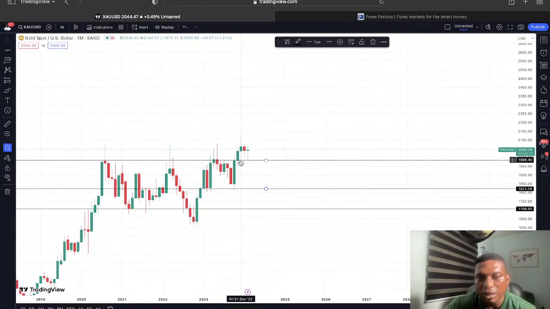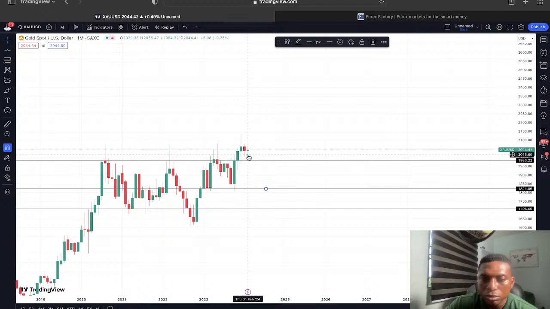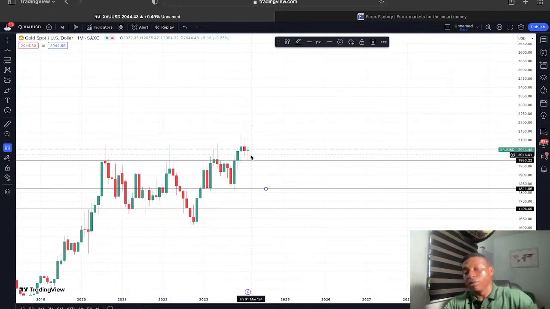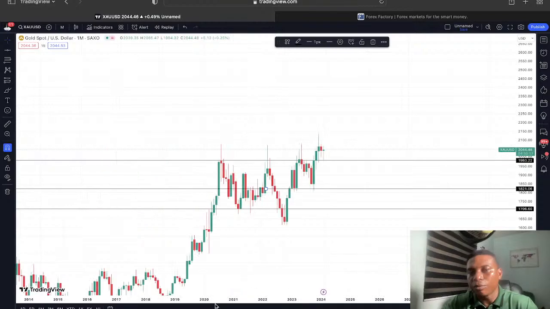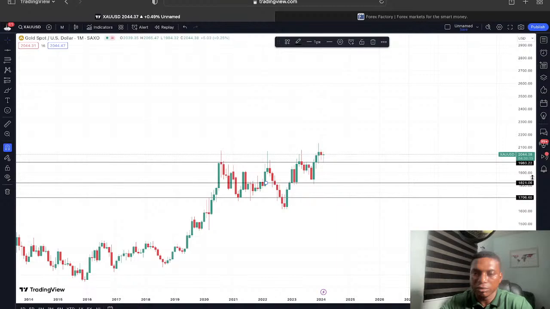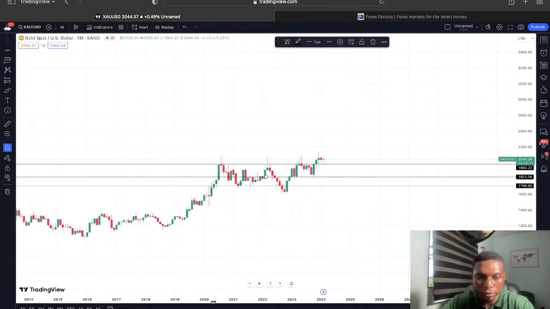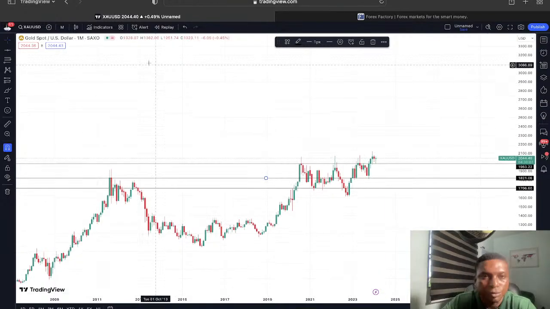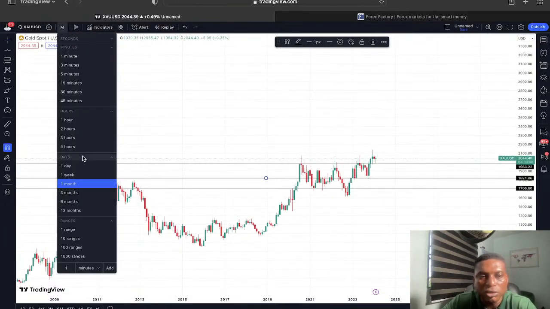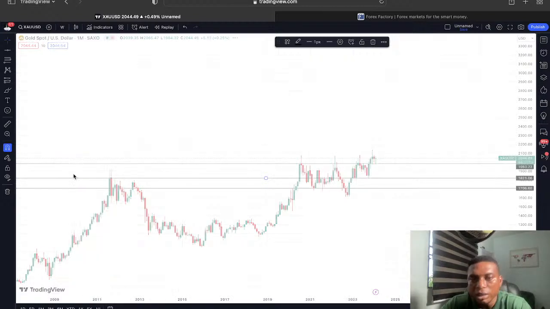All right, and we can see price ranging at that breakout level. All right, you can see price ranging at that breakout level. Now let's go down to the weekly time frame.